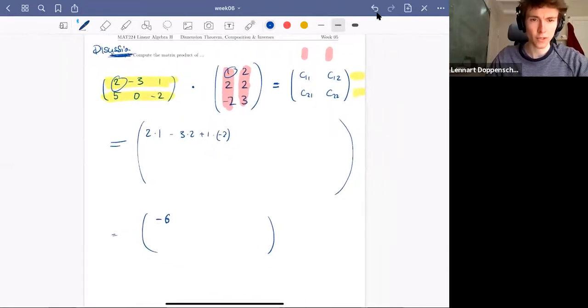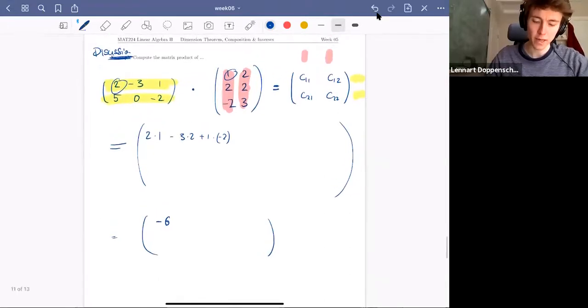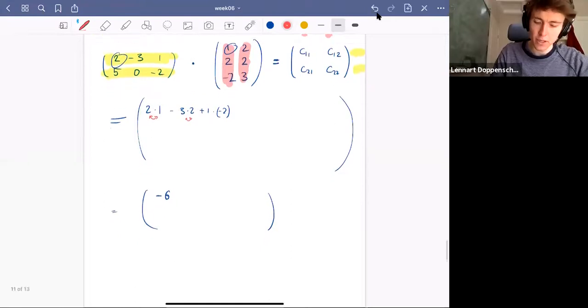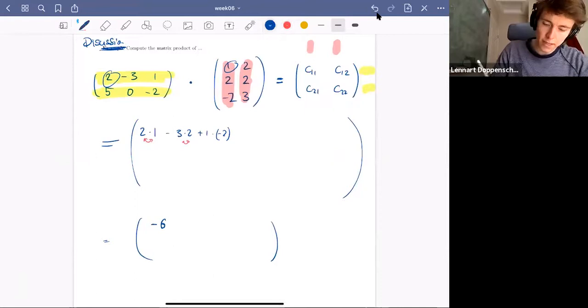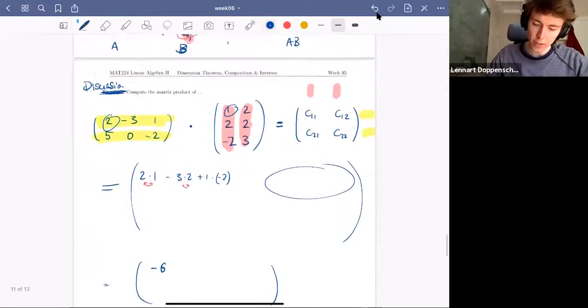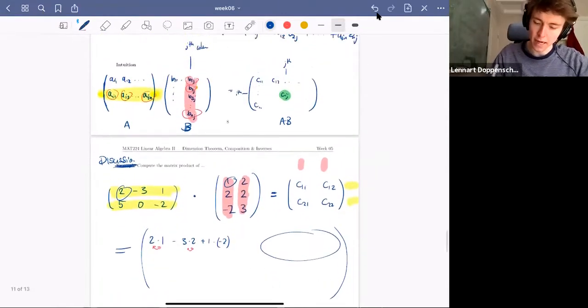You just asked a question whether the order matters when multiplying. If you mean the order of these numbers here, then no. But I think that should be obvious, right? Let me just finish this, and then I'm going to address this question in a second. So the next spot, this C12 element. Now I told you, if you want to have the ij element, you have to take the jth column and the ith row.